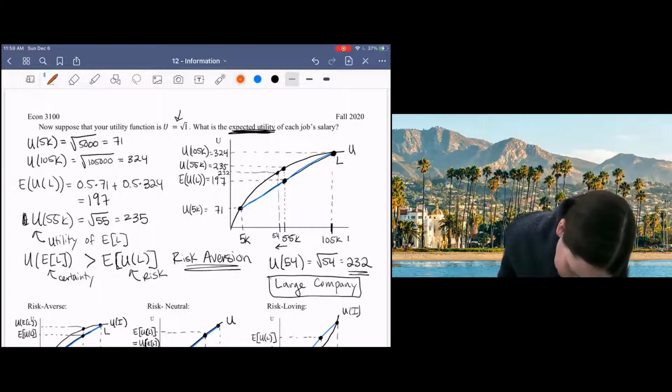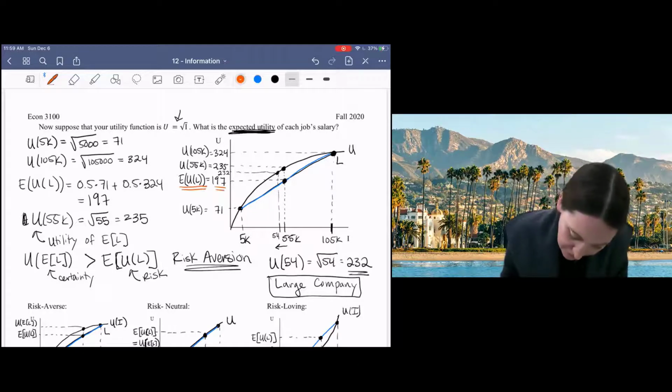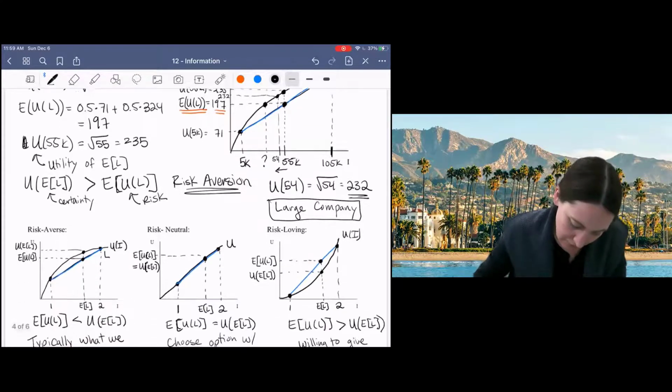You can see that the startup job gives us an expected utility of 197. So we want to know what amount of money with certainty will give us that same utility. Okay.